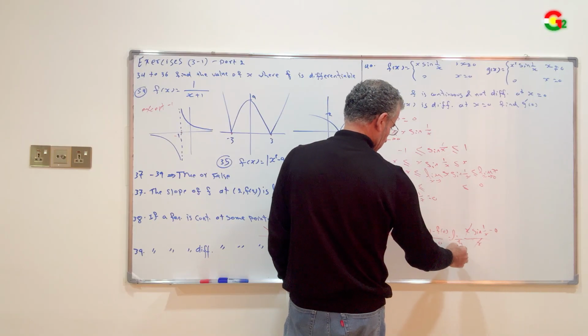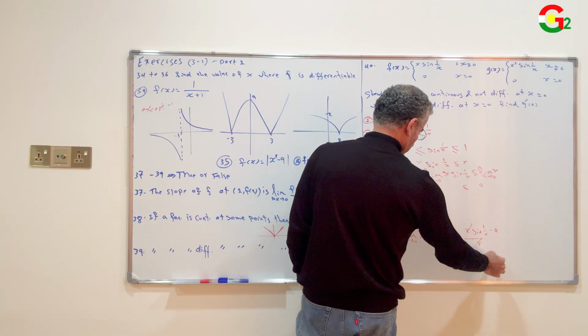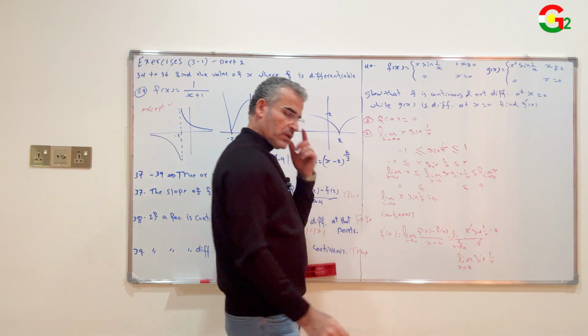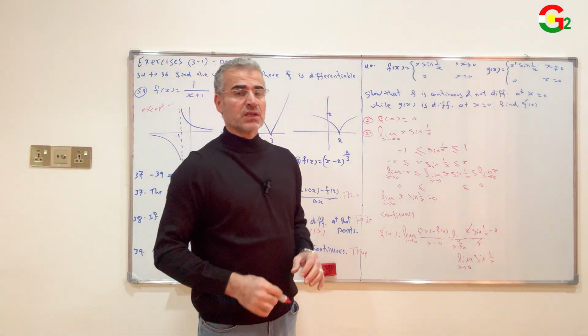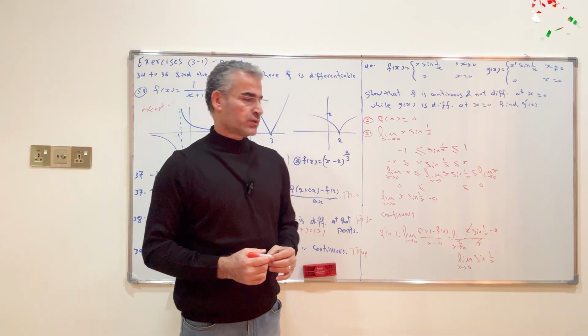Cancelling x with x, the limit of sine 1 over x when x approaches 0 does not exist, since this function oscillates between -1 and 1 when x approaches 0.